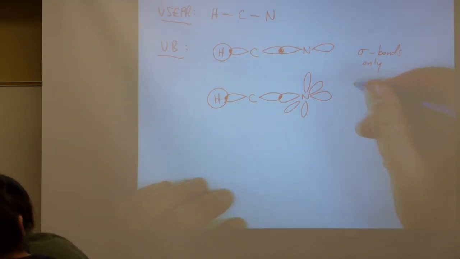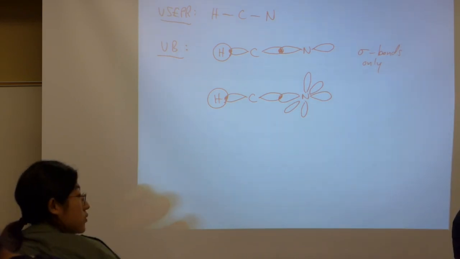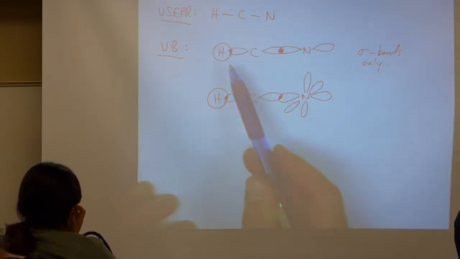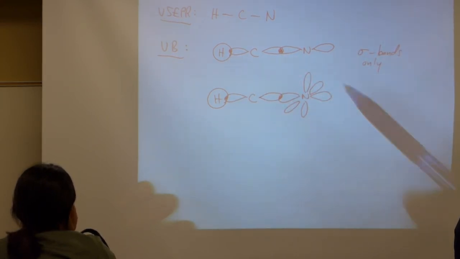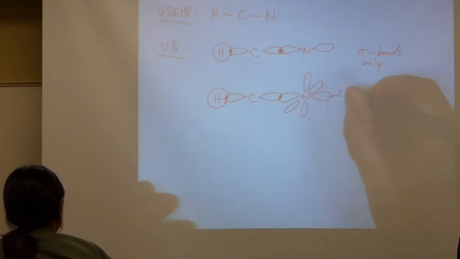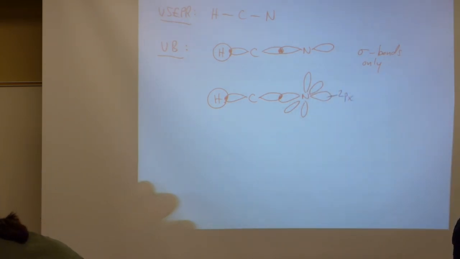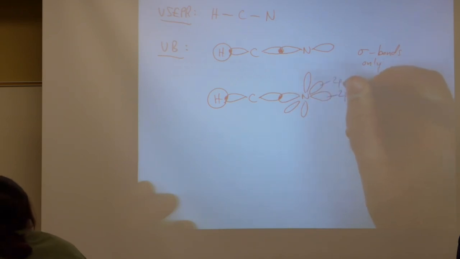Can you just re-explain the process? The adding of the... So we're okay with this? Yes, just whatever you just did. Right, so just to do that, we'll call this the 2px of nitrogen. We'll call this the 2py of nitrogen.